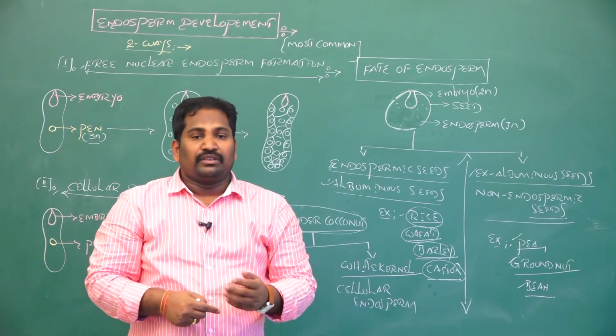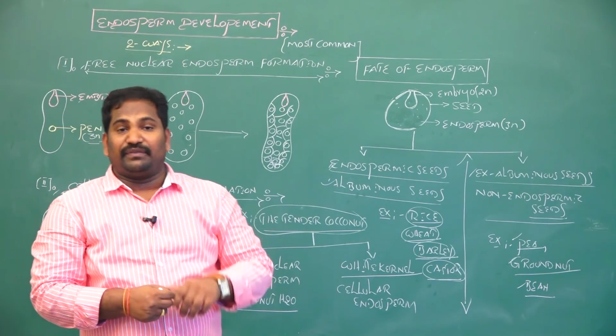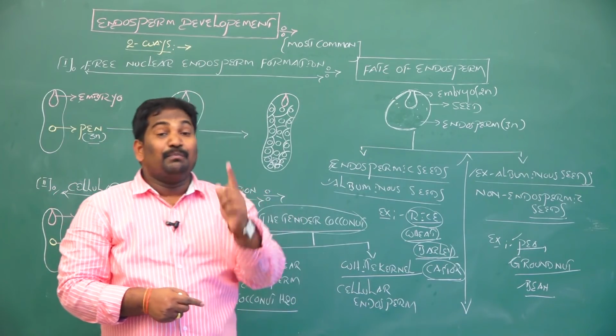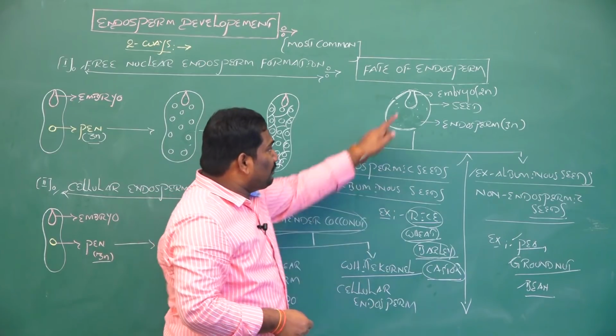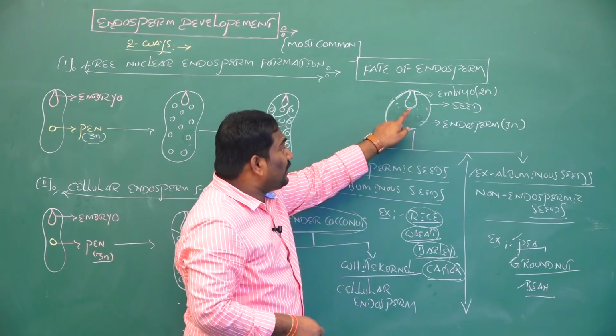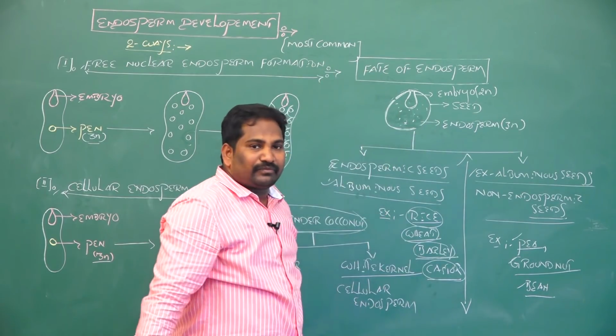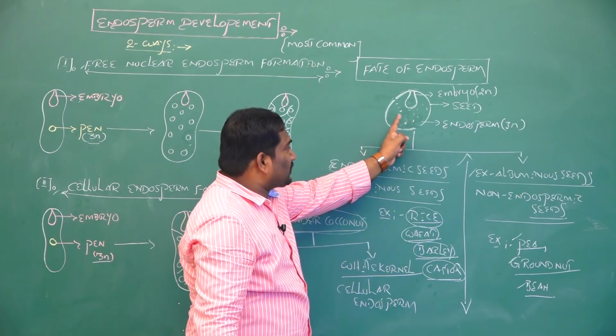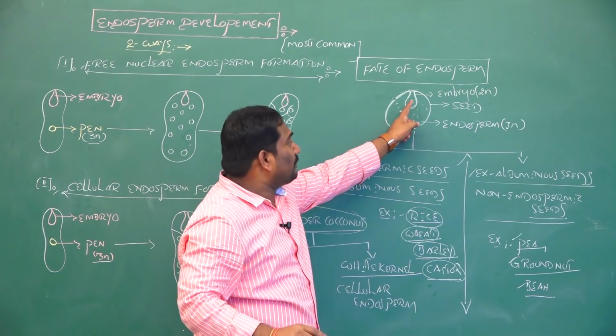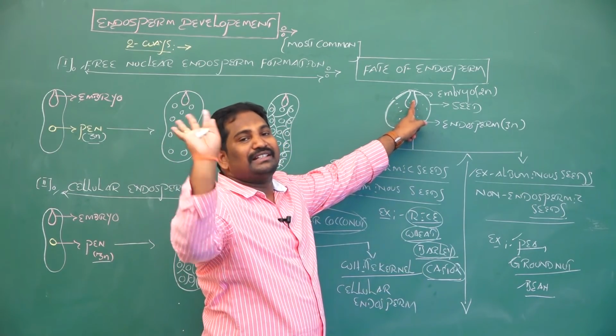Let's discuss the second important event, embryo development. Embryo development always follows the formation of endosperm in the seeds. When the endosperm starts to form, then the embryo starts to develop.